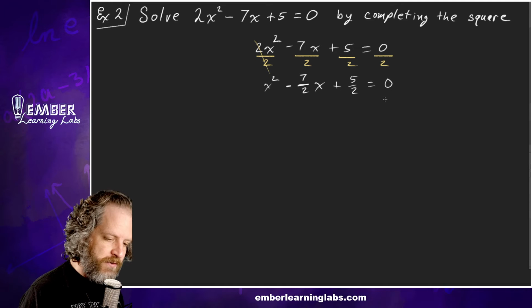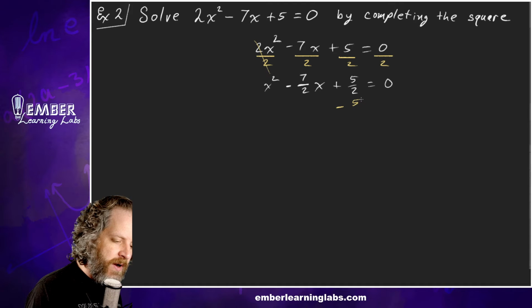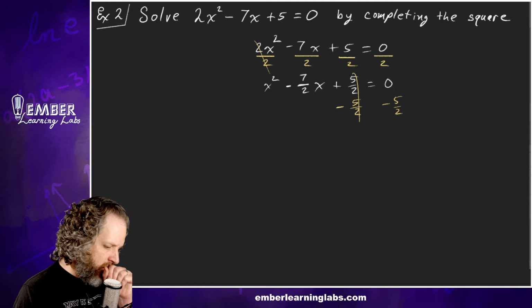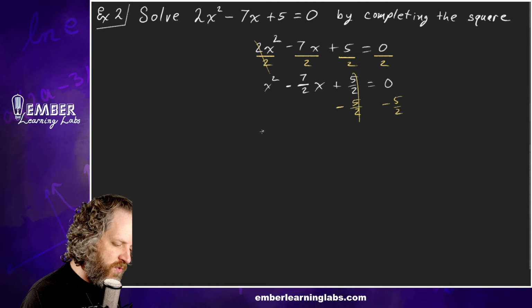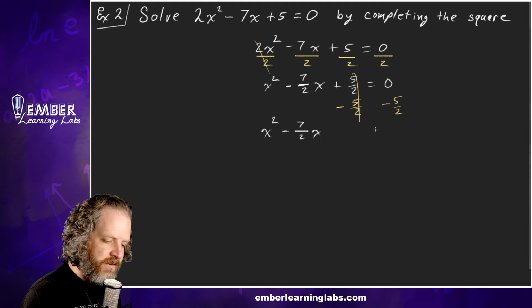Step 1 of completing the square is to move our c over. So minus 5 halves, minus 5 halves. This cancels, leaving us with x squared minus 7 halves x equals negative 5 halves.